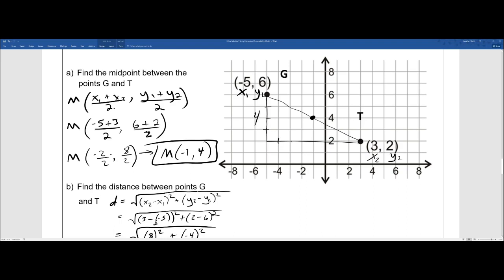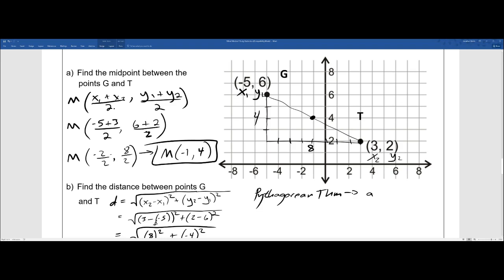And for your base leg, you have 1, 2, 3, 4, 5, 6, 7, 8 units for the base. Pythagorean theorem may be applied here, okay?